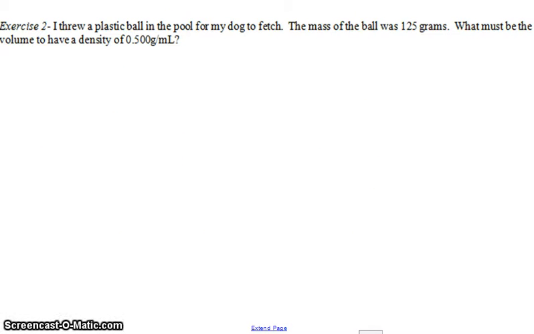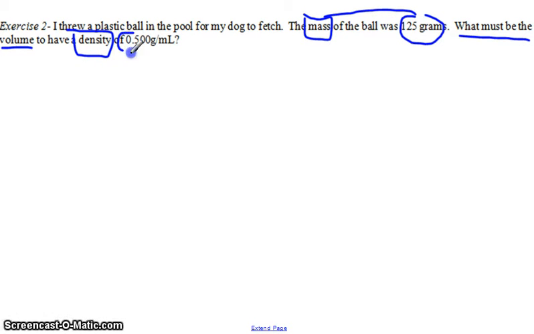Exercise 2. I threw a plastic ball in the pool for my dog to fetch. The mass of the ball was 125 grams. What must be the volume, so we're trying to find the volume, to have a density of 1/2 gram per milliliter? So we know that volume is equal to mass over the density.